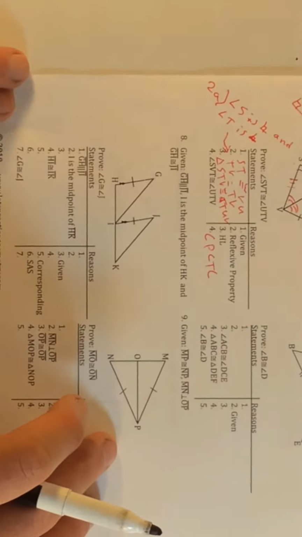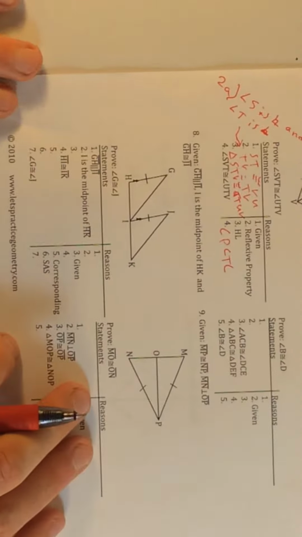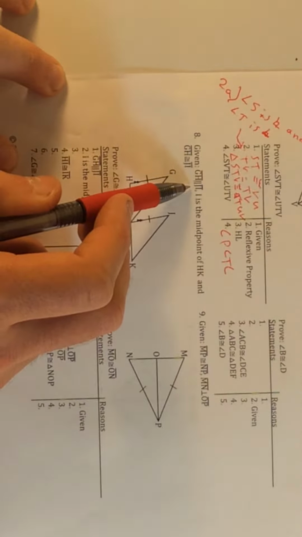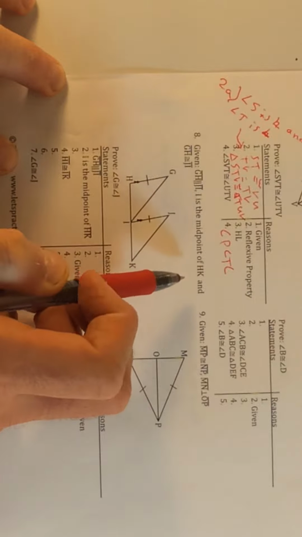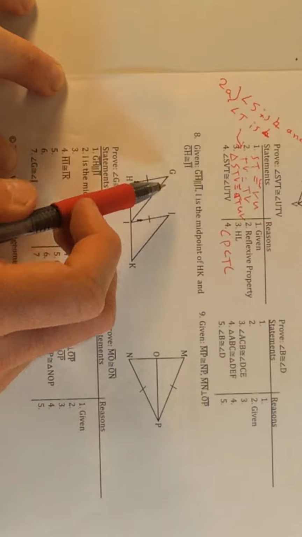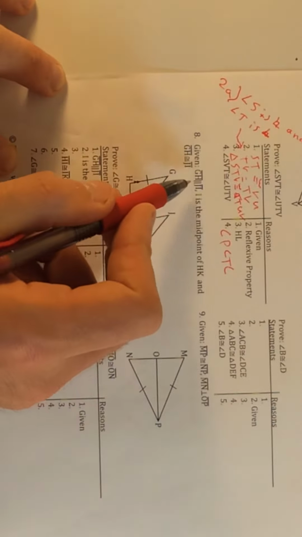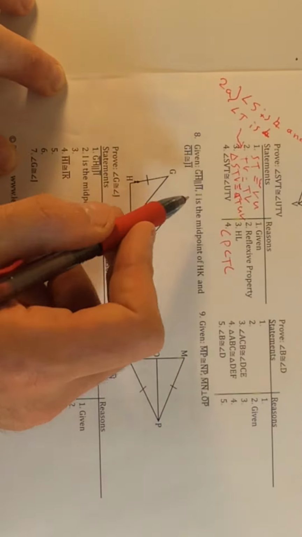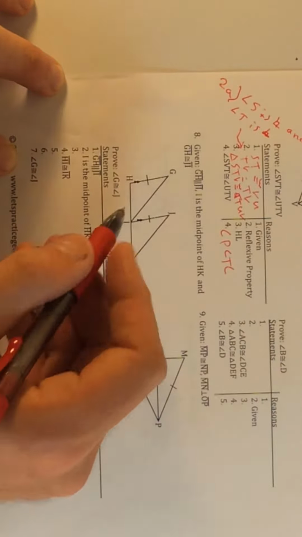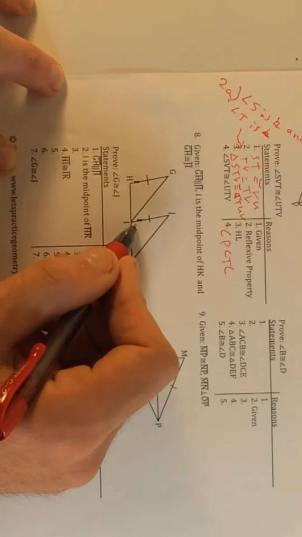Okay, so number 8. Now let's fill in this proof. Number 8, we have given GH is parallel to JI, I is the midpoint of HK, and GH is congruent to JI. So let's make sure all those are filled in. GH is parallel to JI. We have that written in. That's what these little arrows mean.